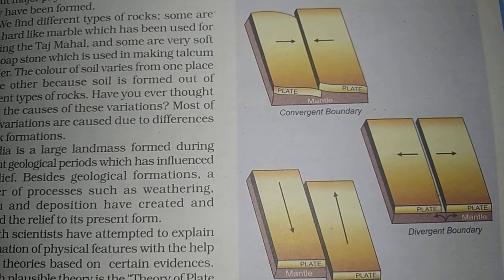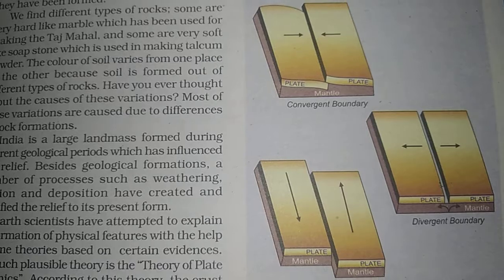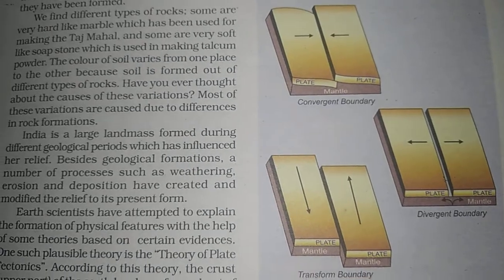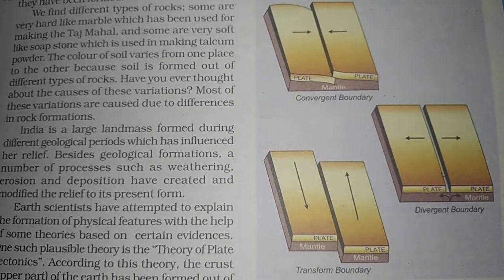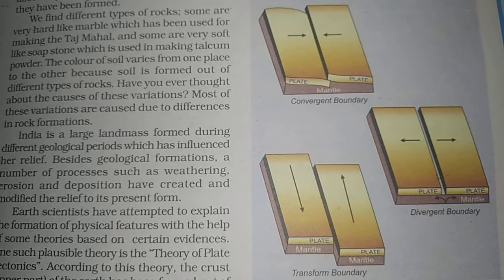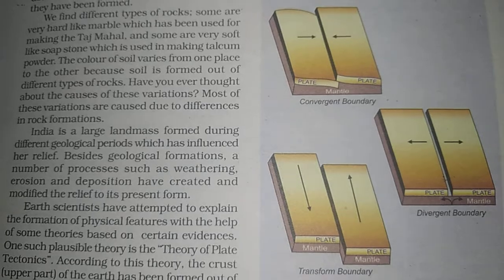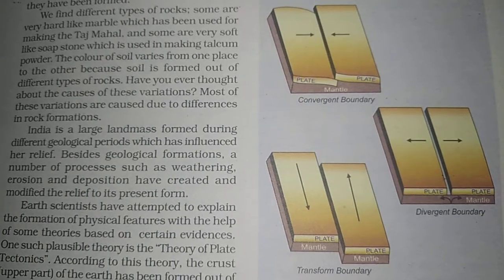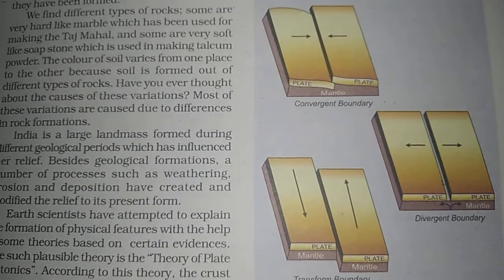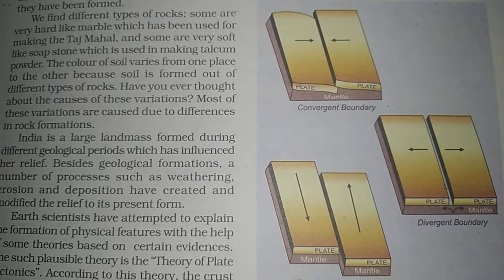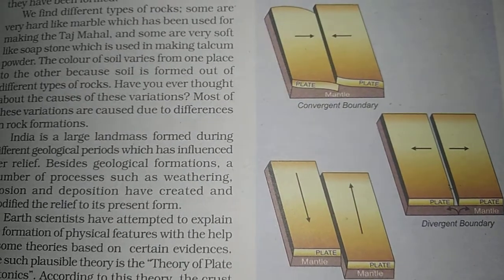There was a time when India, Australia, South Africa, South America and Antarctica were one single land mass known as Gondwana land. It was the southern part of the supercontinent Pangaea. The northern part was known as Angara land.